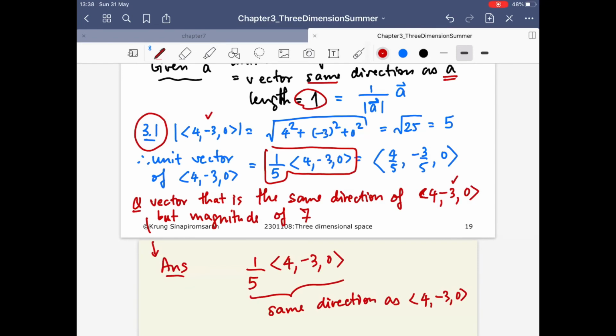But this one has the length of 1, a unit length. So if you need a length of 7, you just simply multiply the whole thing again by 7. Just like this, very simple.